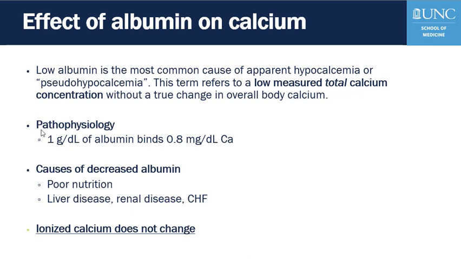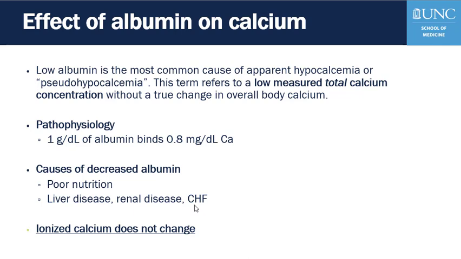In general, it's approximated that every 1 gram per deciliter drop of albumin would cause the measured total calcium to decrease by 0.8 milligrams per deciliter. Causes of decreased albumin include things like poor nutrition or liver disease, as well as loss of albumin through renal disease or congestive heart failure.